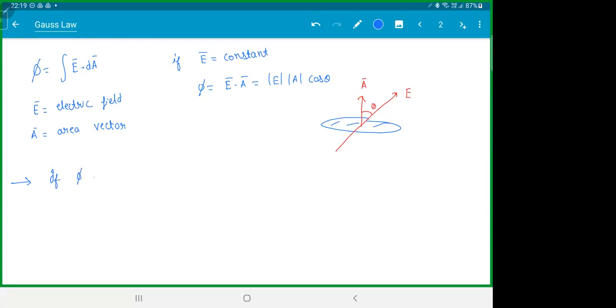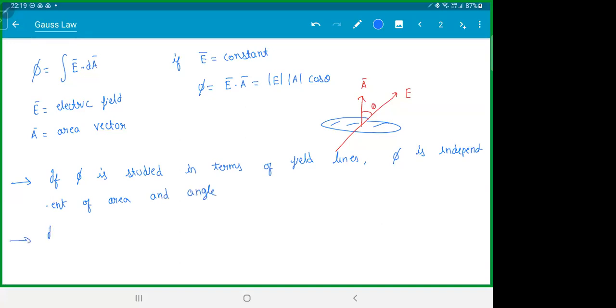So if you study flux in terms of field lines, flux is independent of area and angle. If flux is studied in terms of electric field, then it depends.